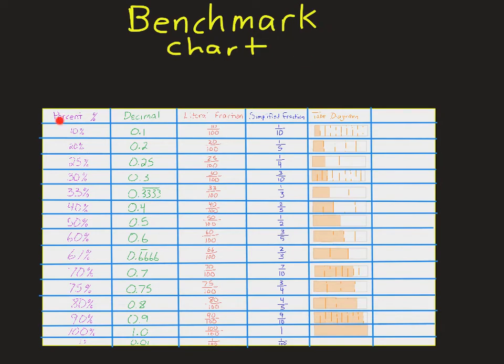All right, so I've categorized them as the percentages, the decimals, the literal fraction from the percent and decimal, to the simplified fraction, which we use for the tape diagram. Now, the simplified fraction is what we would usually use to do the math to find a percent of something.